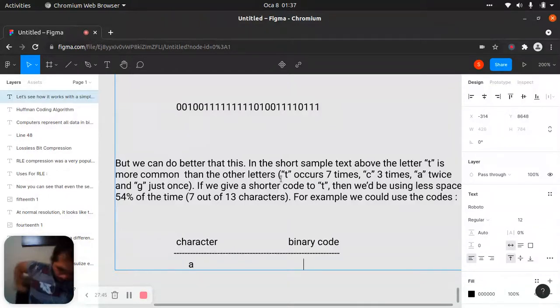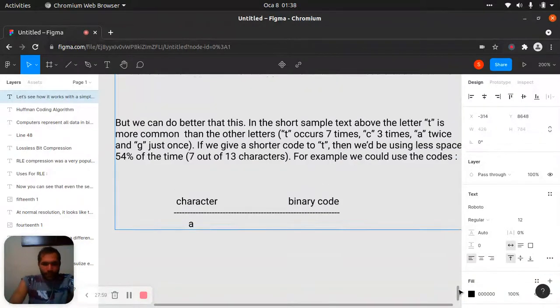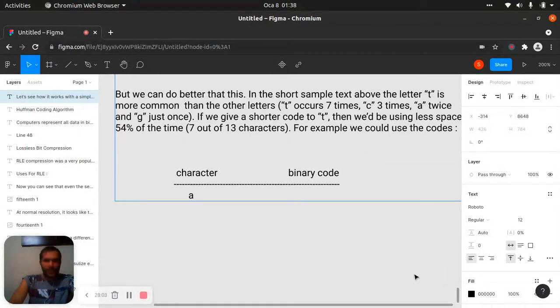If you understand this concept here, it will help you too much in the future too for understanding the combination of these things. We will represent A with 0 1 0 0 1 0.